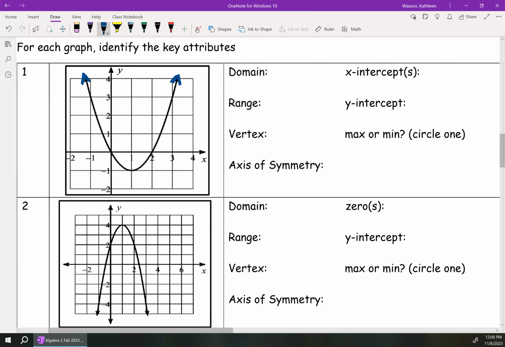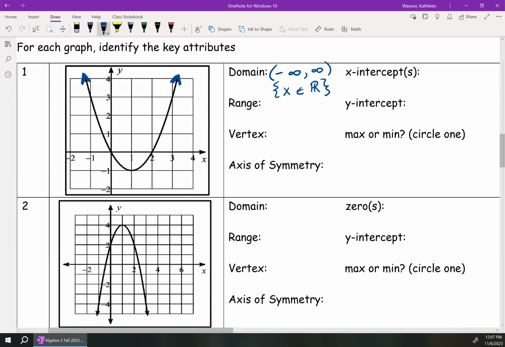It will continue getting higher and wider at the top. So I could write either negative infinity to infinity, that's interval notation, or x belongs to the set of all real numbers.